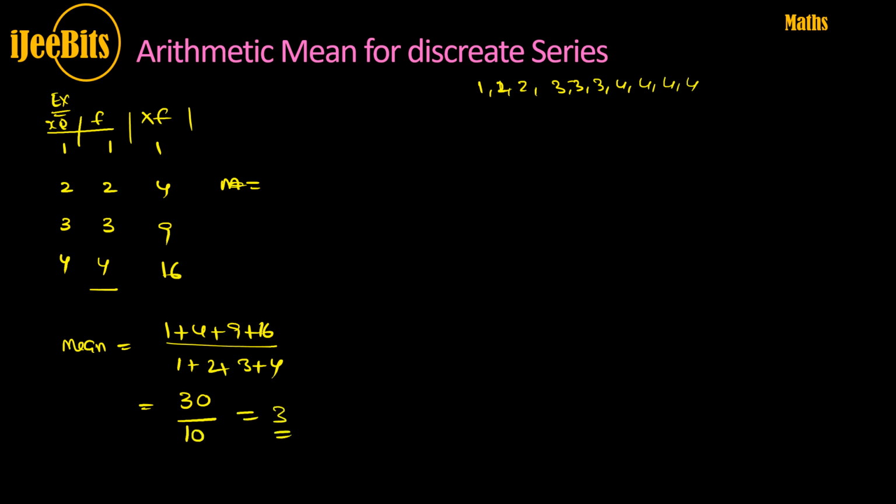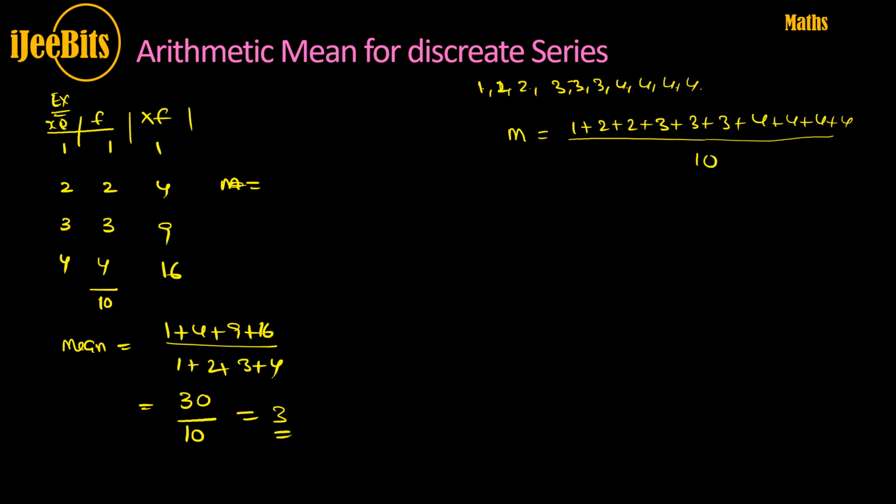You can also calculate in the general way: 1 plus 2 plus 2 plus 3 plus 3 plus 3 plus 4 plus 4 plus 4 plus 4, and then divide by the count: 1, 2, 3, 4, 5, 6, 7, 8, 9, 10. If you look at this, sigma f is 10, and the individual count is also 10.